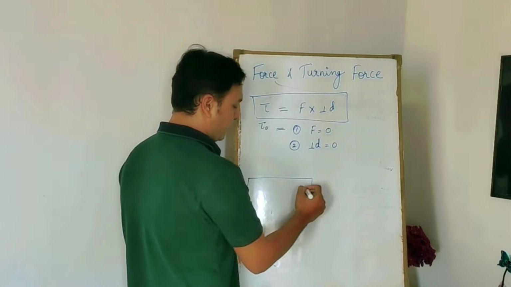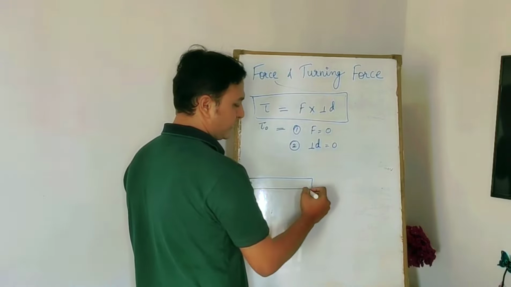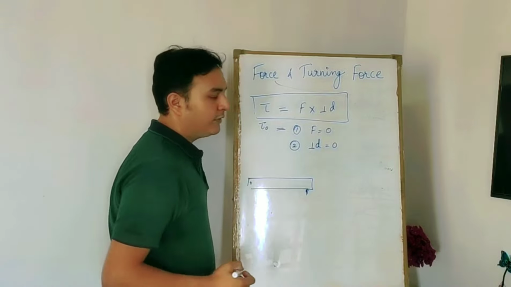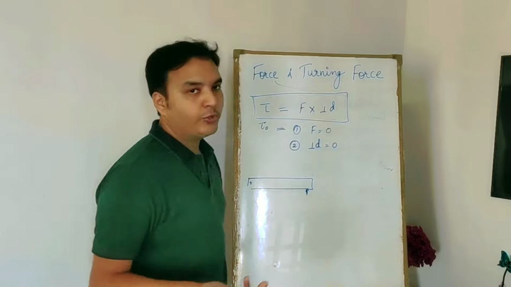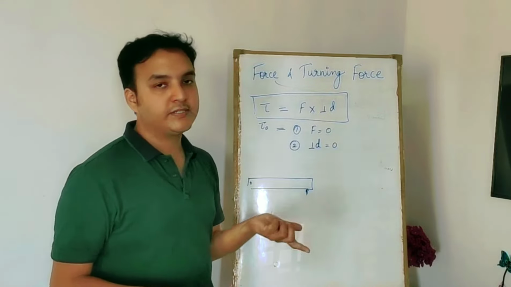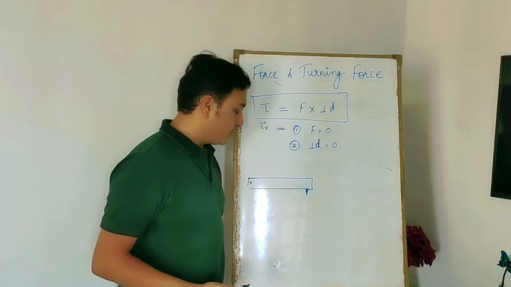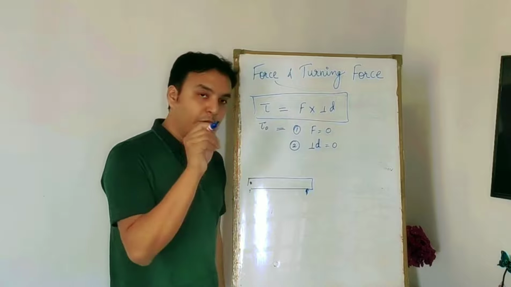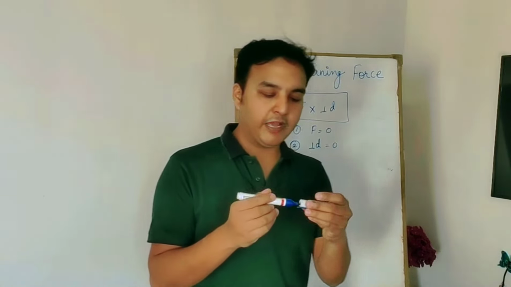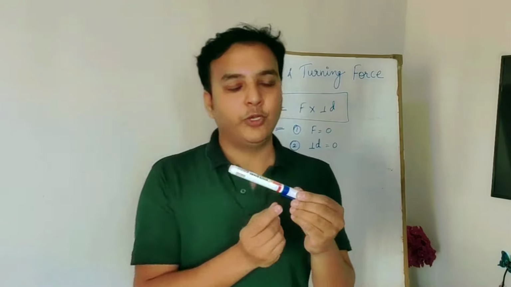In the first case, if the force is 0, that means we are not applying any force, so the body is not going to rotate, and tau is 0. Second, if you make the perpendicular distance 0, that means you are applying a force on the pivoted point only. If you apply a force over here only, nothing will happen. It is not going to rotate.